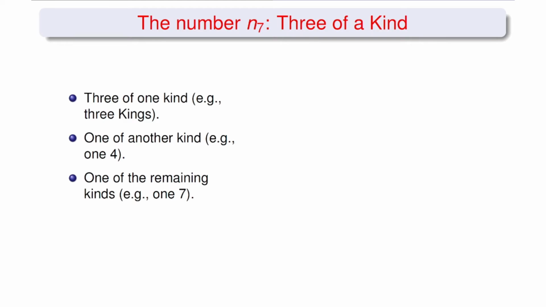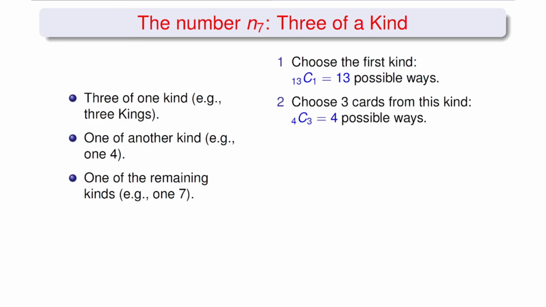How many are there? All right, step 1, similarly. We're going to choose our first kind for these 3 cards. Now, choose the first kind. 13 choose 1. That's 13 possible ways. Second, we are going to choose 3 cards from this kind. That's 4 choose 3. That's 4 possible ways. Step 3, we are going to choose, be careful here, 2 kinds from the remaining ones.